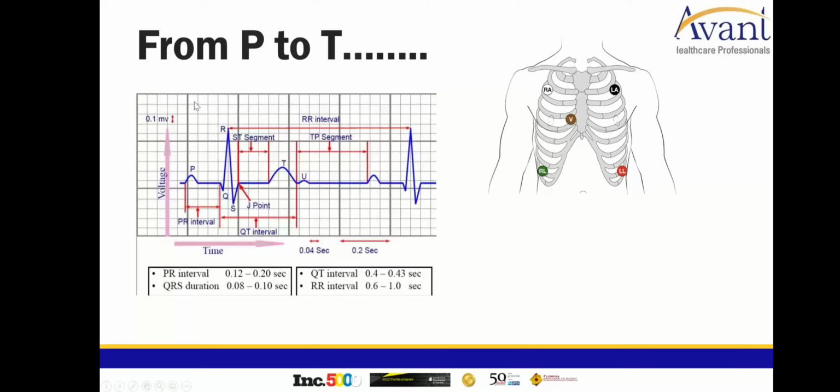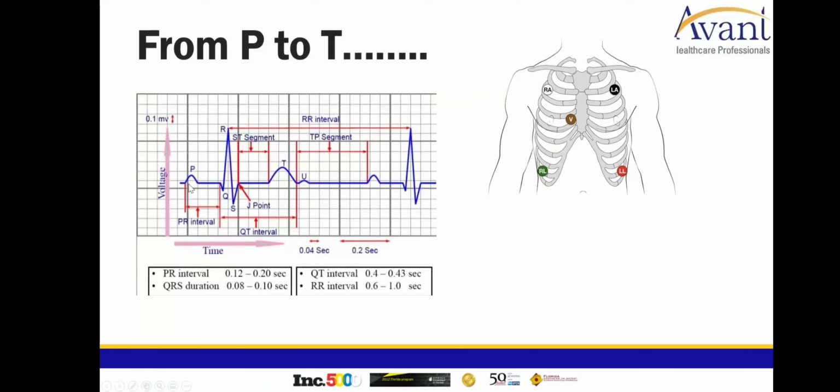Now, each tiny little box is 0.04 seconds. Once again, tiny boxes are 0.04 seconds. A large one, when we look at the 5 boxes between the 2 bold lines, that is 0.2 seconds long.